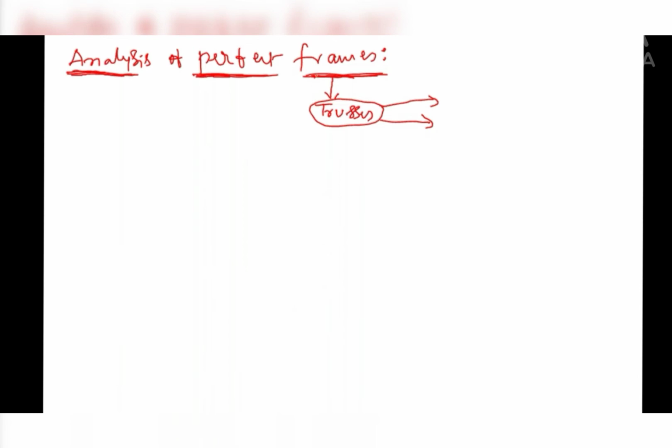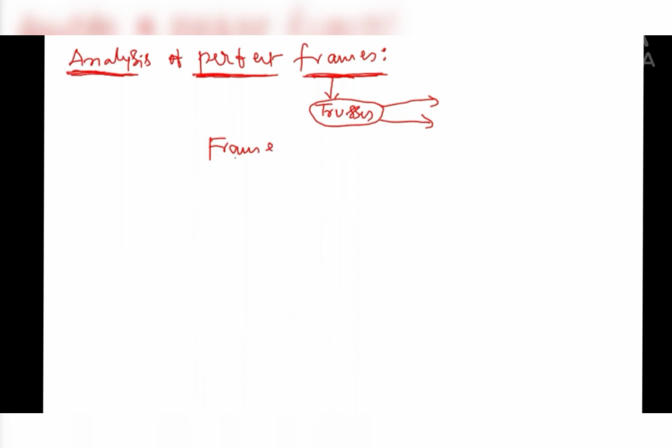Perfect frame. Okay. So for perfect frames only we can solve. If you have a perfect frame, then what is an imperfect frame, right? So first I will start with the frame.